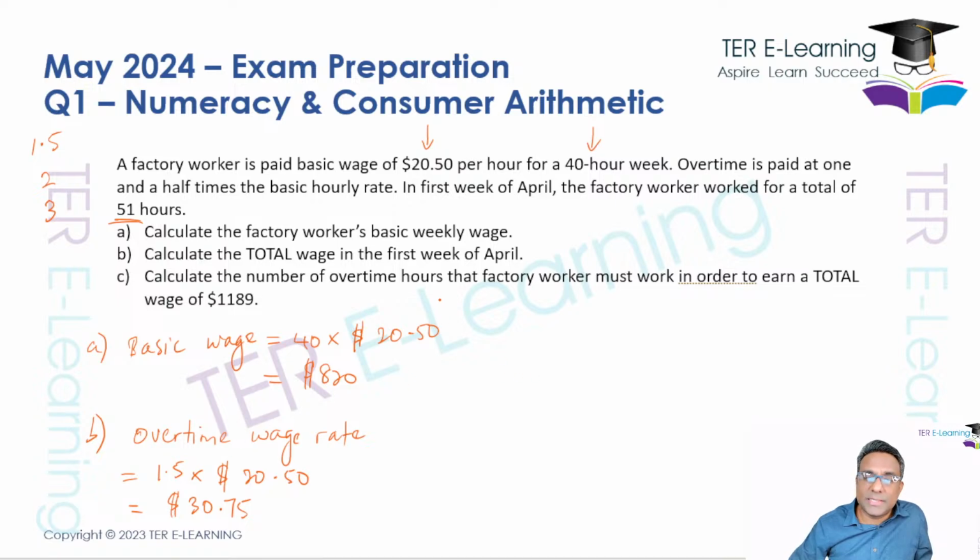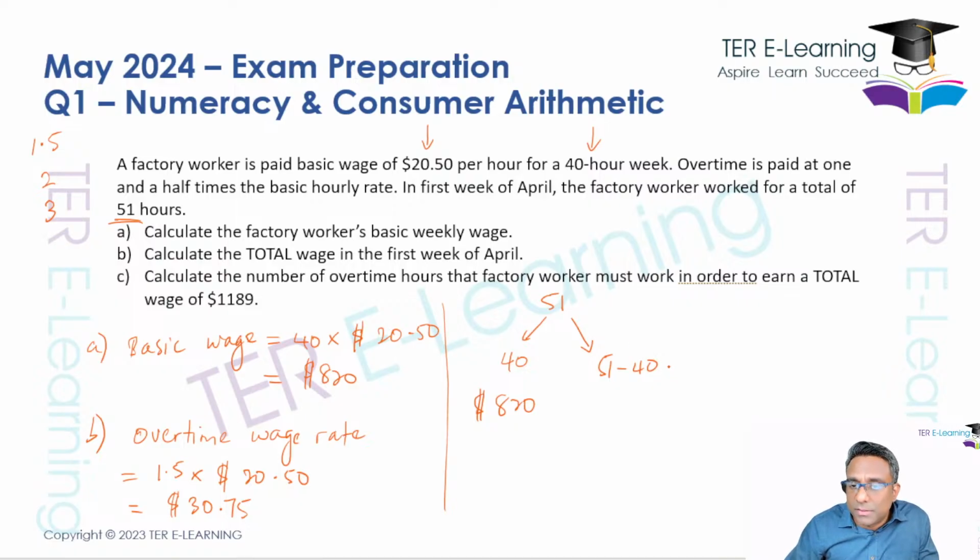Now, since he's working a total of 51 hours, part of that is going to be 40, his basic wage of $820. We have some overtime hours inside here, which is 51 minus 40, and we're going to get 11. So it's 11 hours overtime.